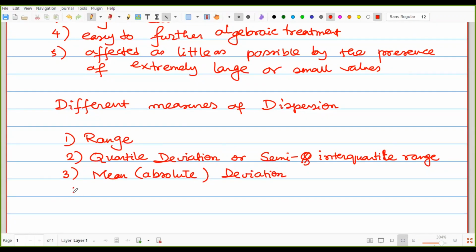And the final one is the variance and standard deviation.